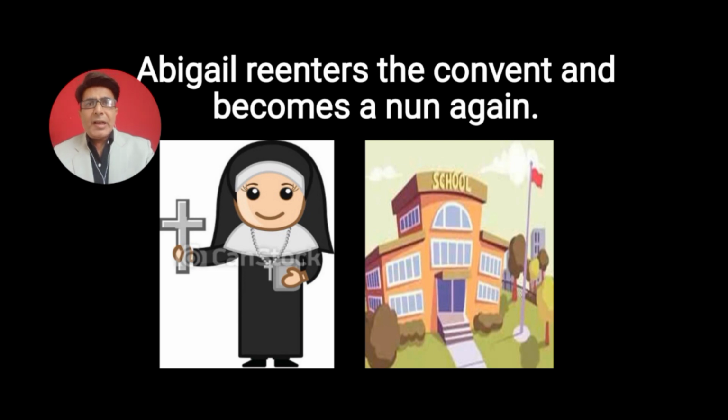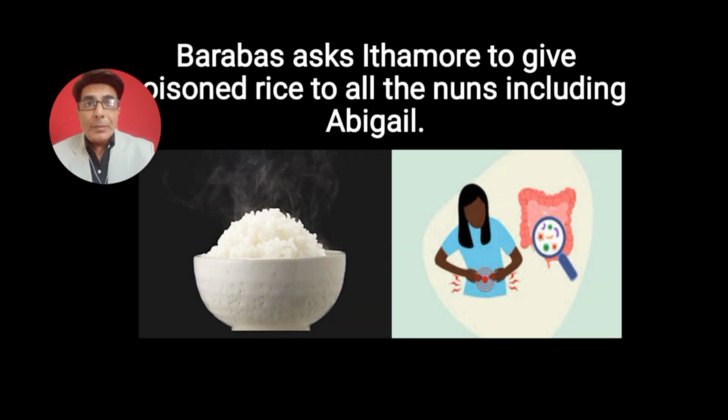When Abigail comes to know that her father had planned to kill these two lovely gentlemen, she is not happy and she decides to become a nun, and she re-enters the convent. Now Barabbas did not like his daughter to enter a nunnery, so he plans to kill his daughter also.